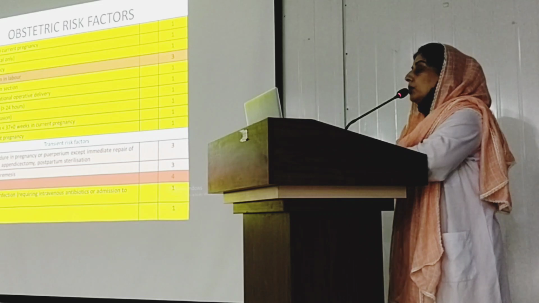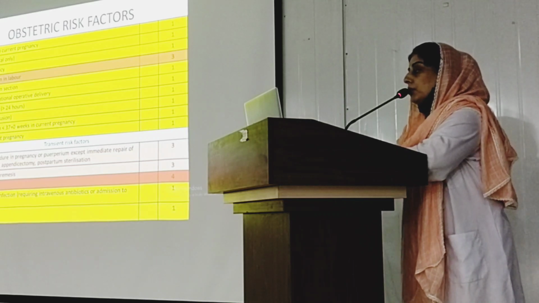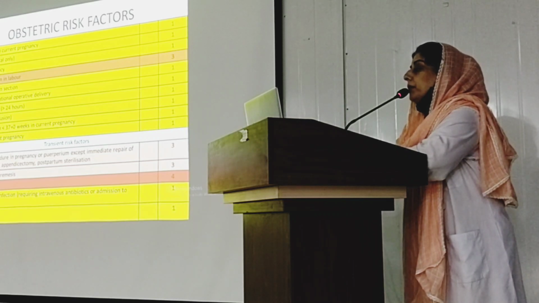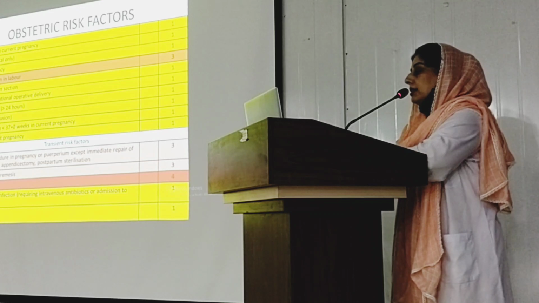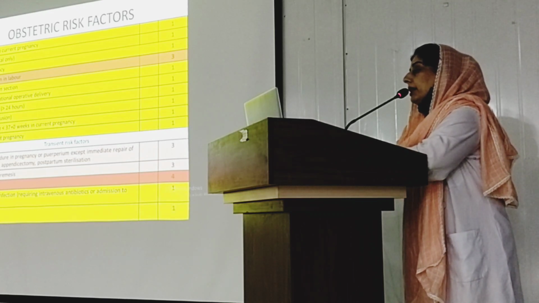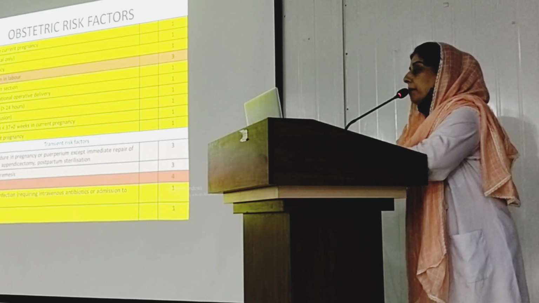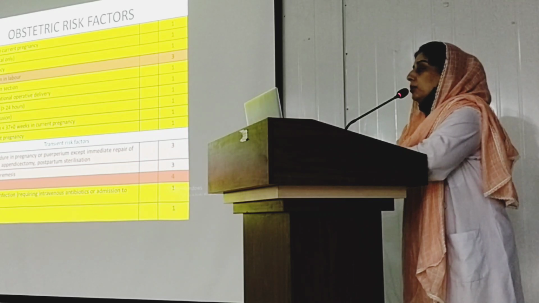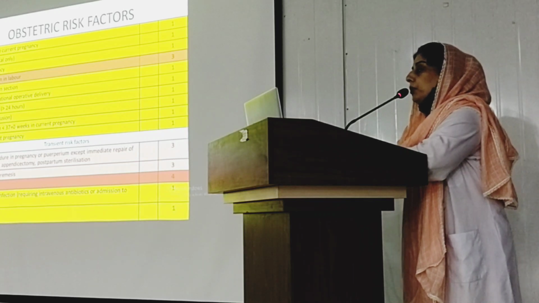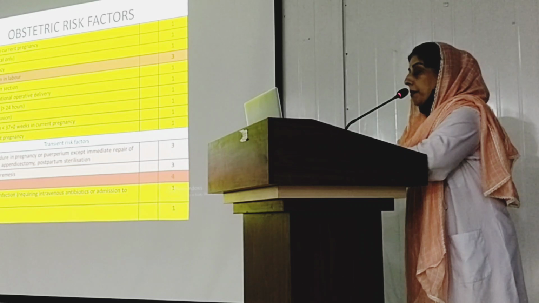Transient risk factors include any surgical procedures in pregnancy or peritoneum, except immediate repair of peritoneum, like we have some patients with lacerations or vaginal repair. This will not be considered a high risk surgical procedure, or others like appendectomy or PTM. Any other surgical procedure in pregnancy or peritoneum will be given 3 marks.